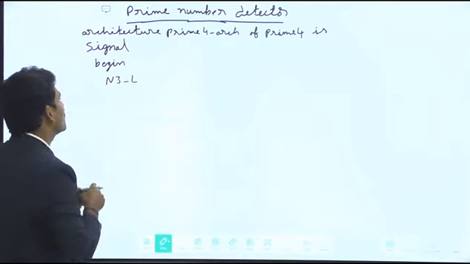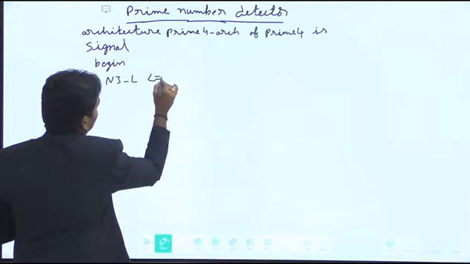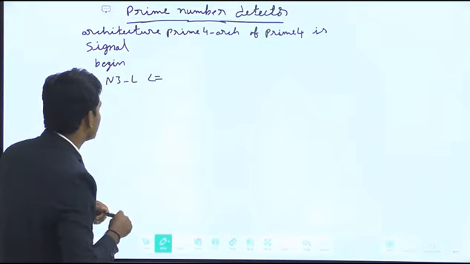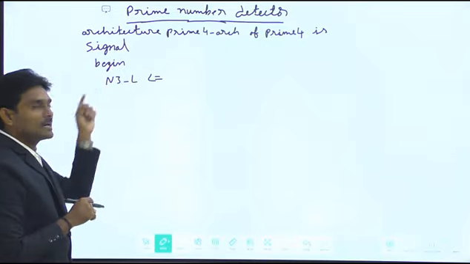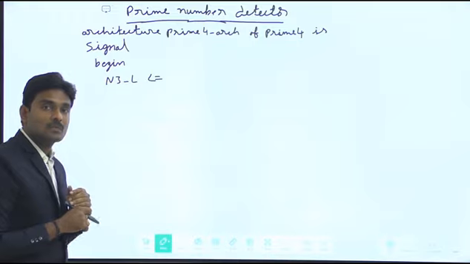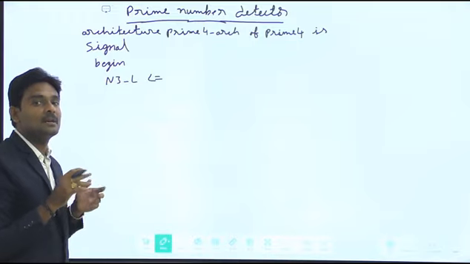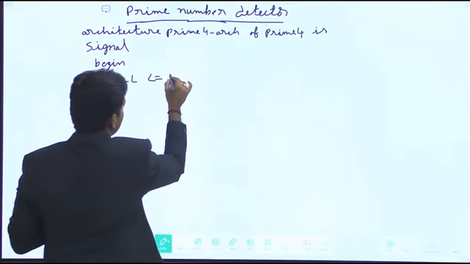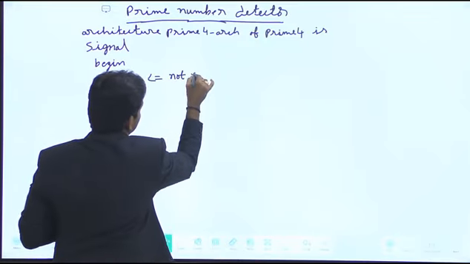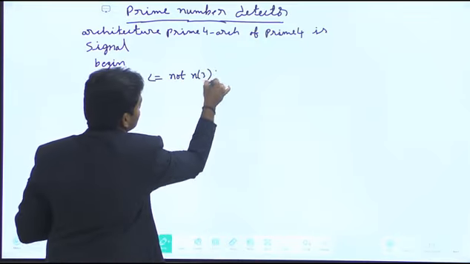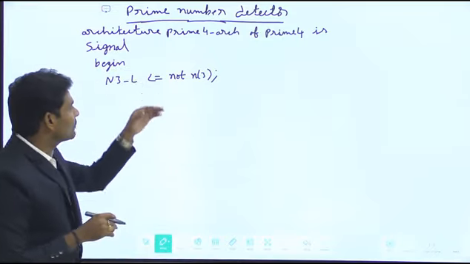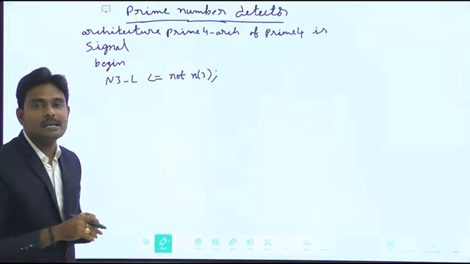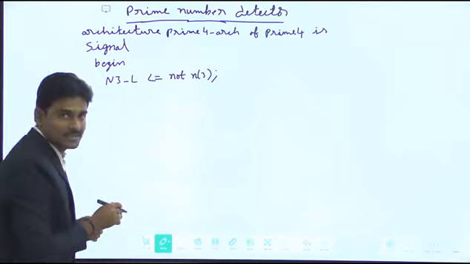So N3_L less than or equals to not of N of 3. This is the first inverter output signal name that we assumed, N3 bar, which we call N3_L. By performing inversion on N3, you get N3_L. That's what I mentioned first.